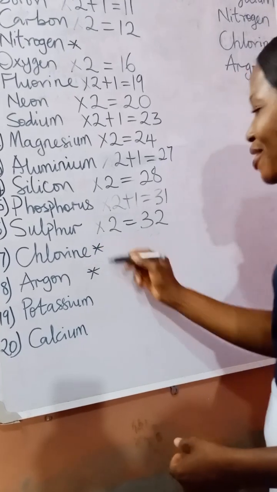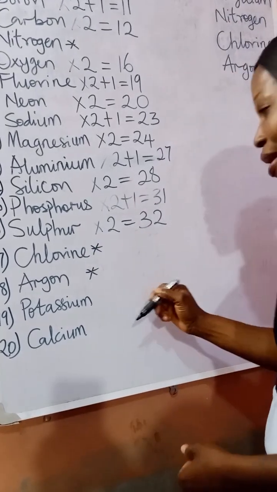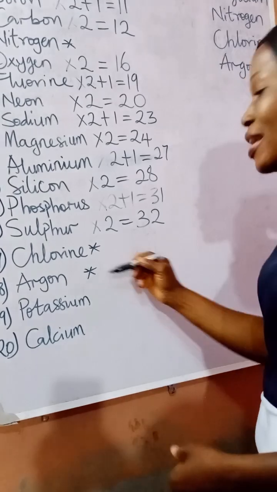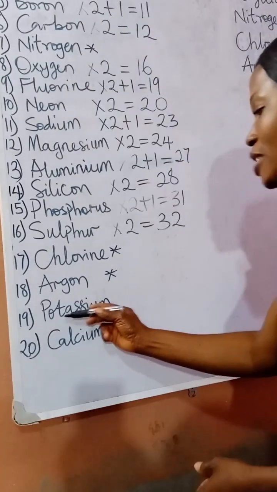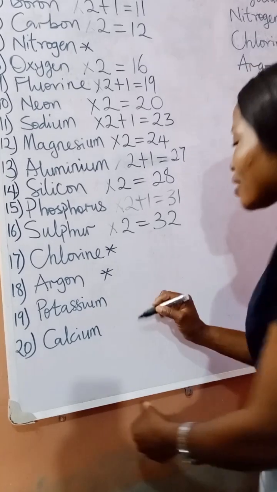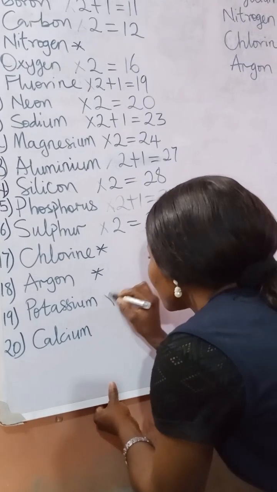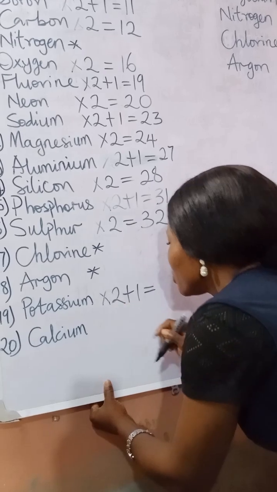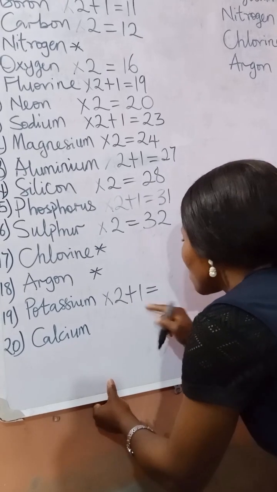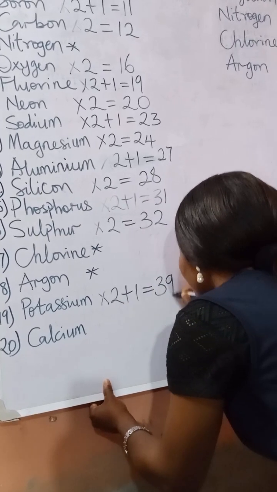Next is chlorine, and you can see it's asterisked. So we move to the very next, which is argon, still having an asterisk. Then we're on the 19th atom, that is potassium. 19 is an odd number, so times 2 plus 1. 19 times 2 is 38 plus 1, 39.